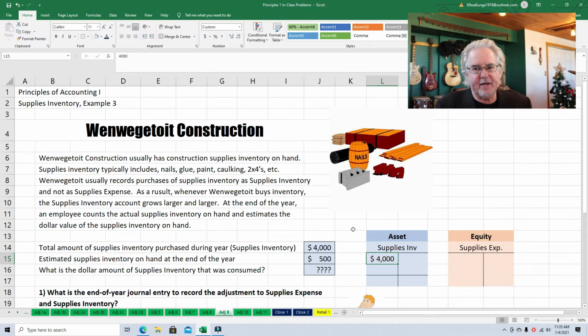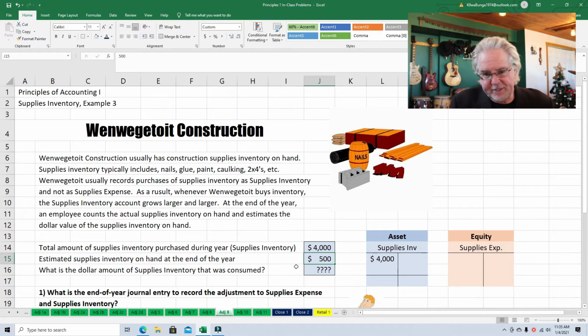At the end of the year, an employee went around and counted the supplies and estimated the value of the supplies on hand to not be $4,000, but only $500. So here's a big question. If they bought $4,000 and they only have $500 left, how much did they use up? Well, it's real easy. It's $3,500.